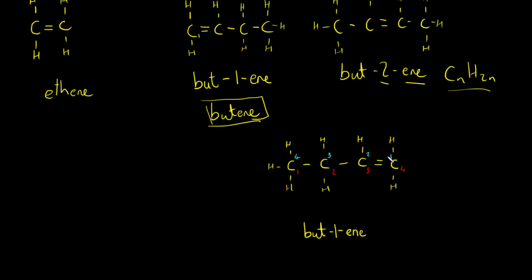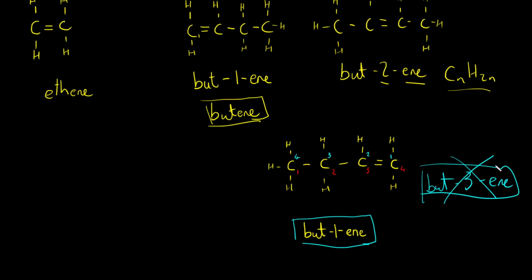And if we number it from right to left, the double bond starts at carbon number 1. So this is in fact bute-1-ene. And there's no such thing. Bute-3-ene does not exist. That is not a viable compound. It doesn't exist because it is just simply bute-1-ene.